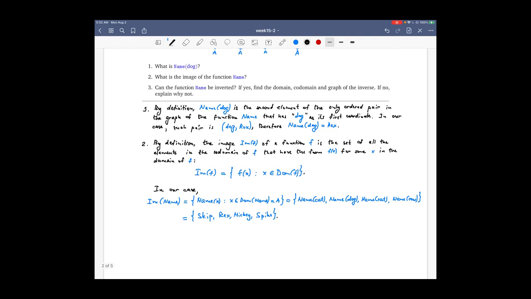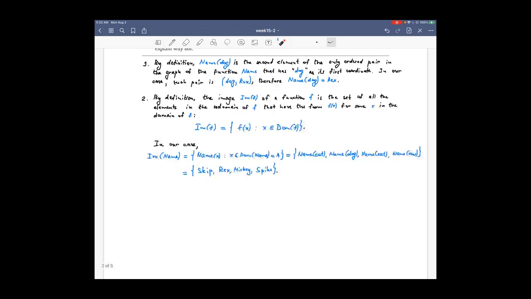Now, in the third part of this question, we are asked several questions. First question is, can the function name be inverted? If yes, find the domain, codomain, and the graph of the inverse. If no, explain why not. We again recall some theory here.